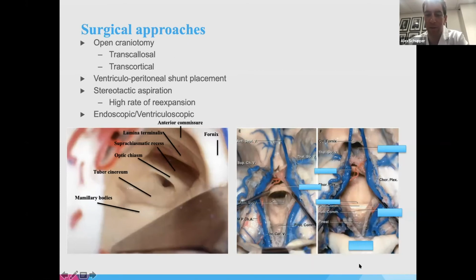And then the massa intermedia, which is just the connective tissue connecting both thalami, which doesn't have a significant functional role. And then the cerebral aqueduct is here posteriorly, draining into the fourth ventricle. Here's the pineal recess, and then lastly is our foramen of Monro.